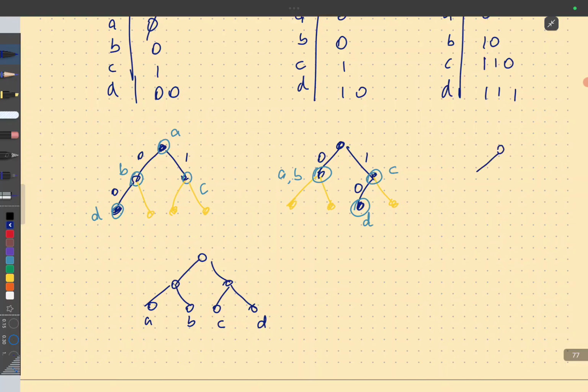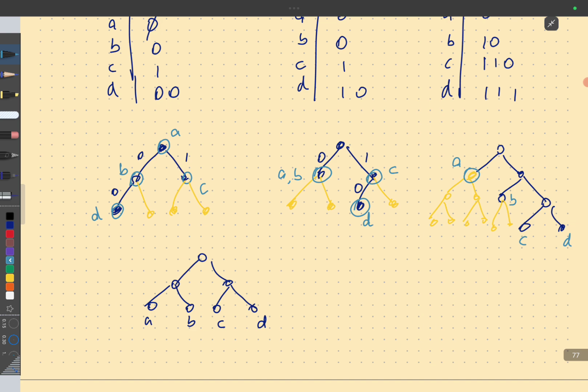Similarly, what about prefix free? What can you say? That's just non-singular, right?